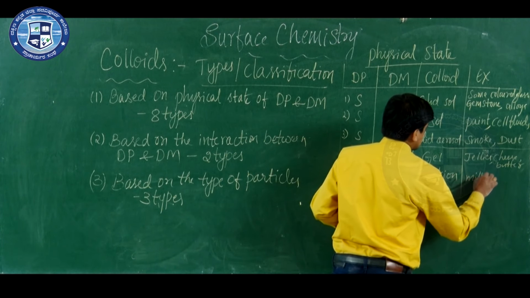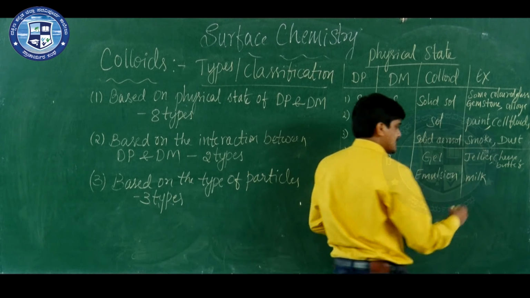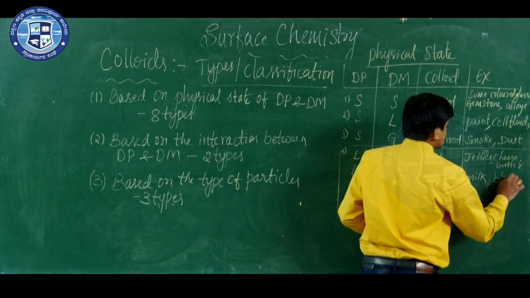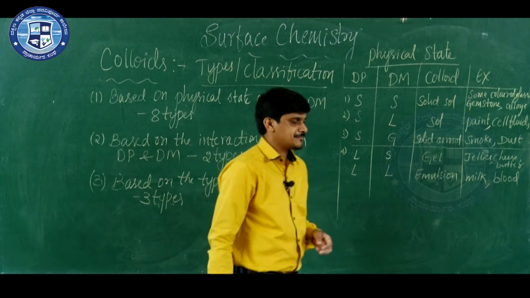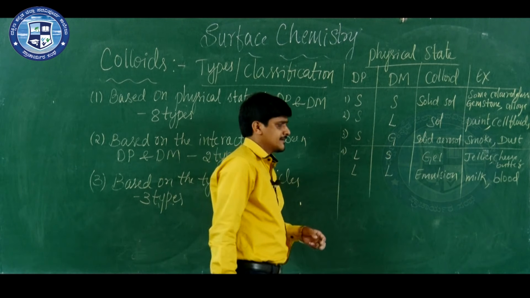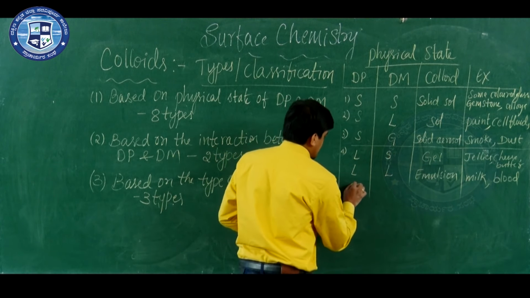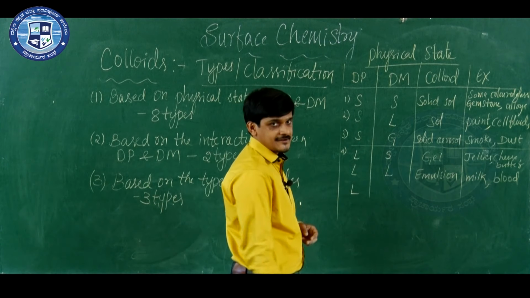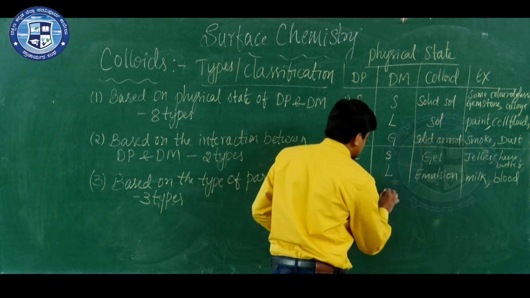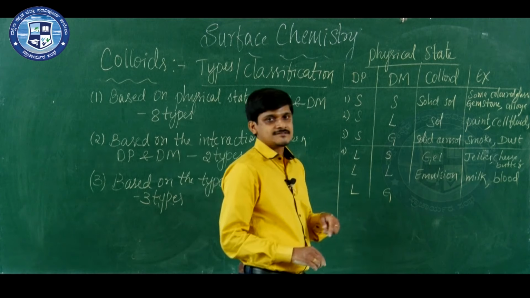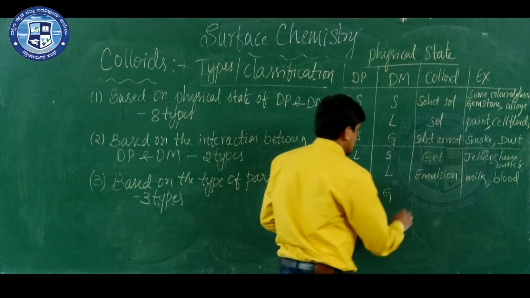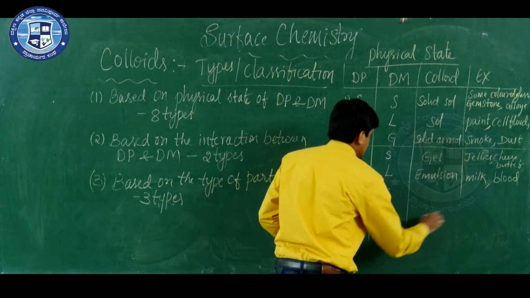Milk is an emulsion. Like that, blood in our body is also an emulsion. And then next, if dispersion phase is liquid and dispersion medium is gas, this is also called as aerosol, but here let's call it liquid aerosol.